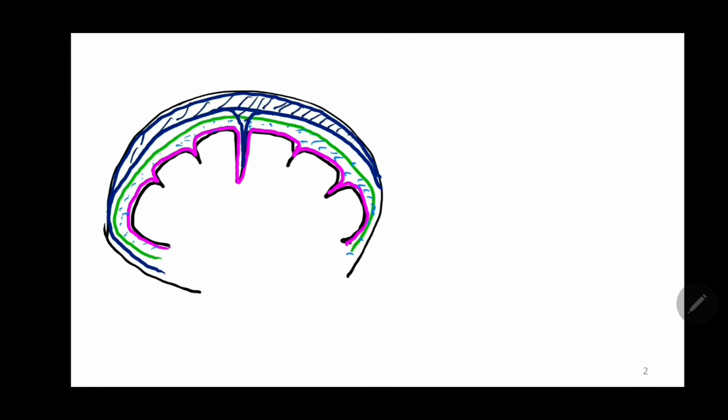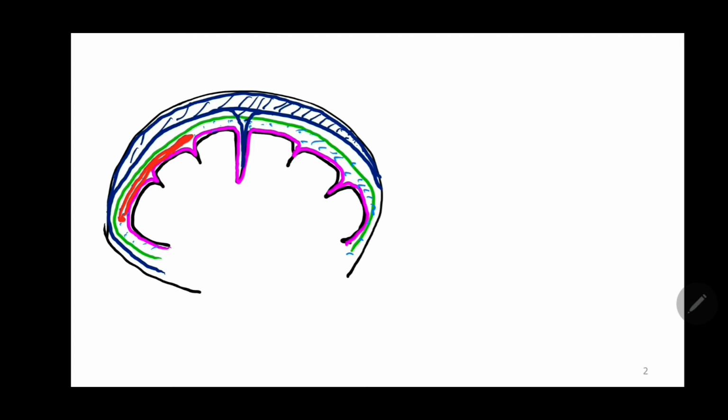But remember, between the two layers there are the dural venous sinuses. My purpose in telling you here is about the blood supply of the cerebral cortex. You know that the cerebral vessels run in the subarachnoid space. So just imagine that there are blood vessels running here in the subarachnoid space, right?